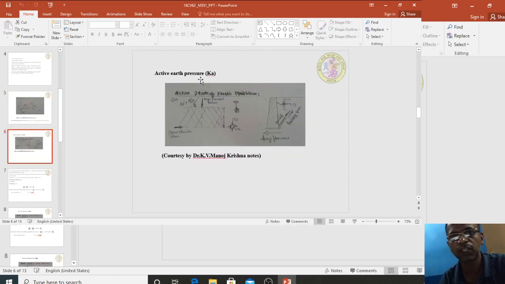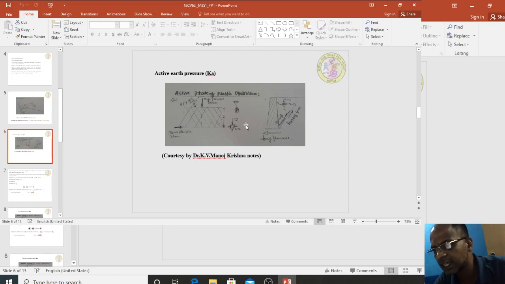What is meant by active earth pressure? This is your retaining wall and this is your backfill material. Suppose the earth pressure is in such a way that the retaining wall will move away from its position, then it is called the active earth pressure condition.